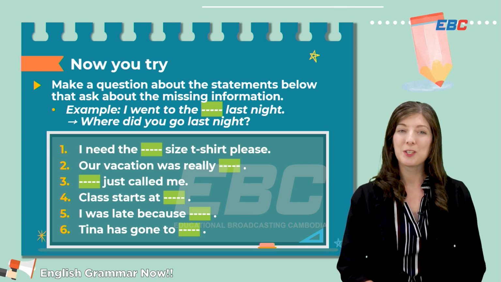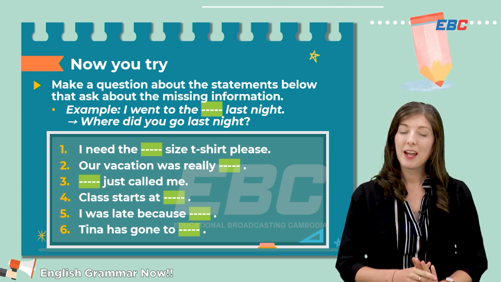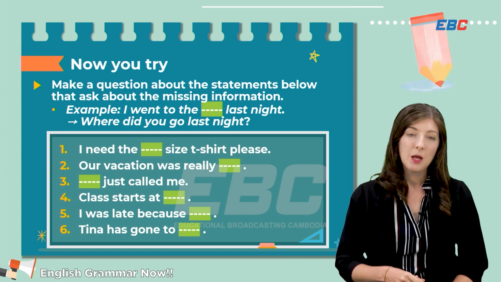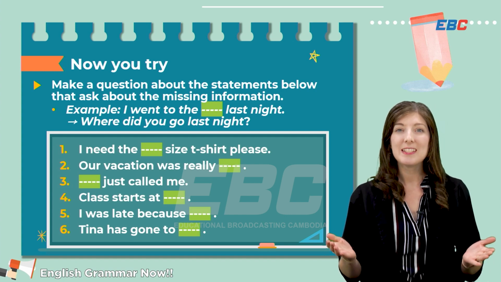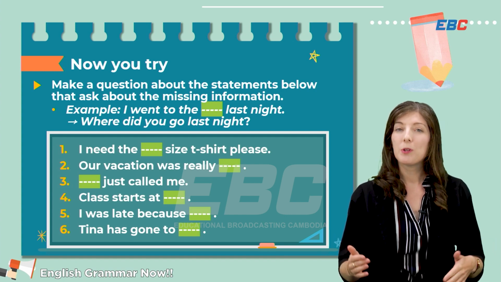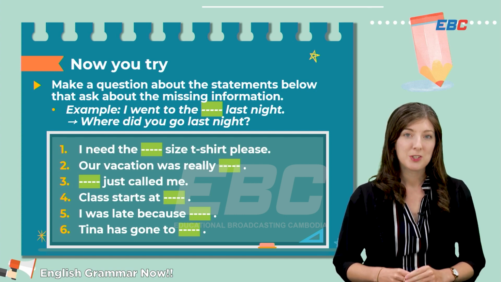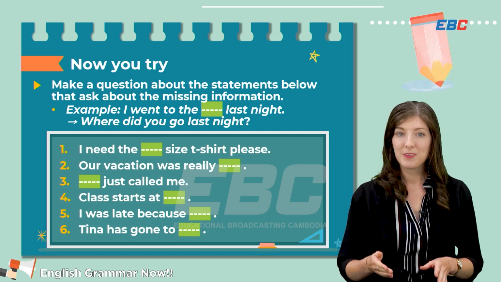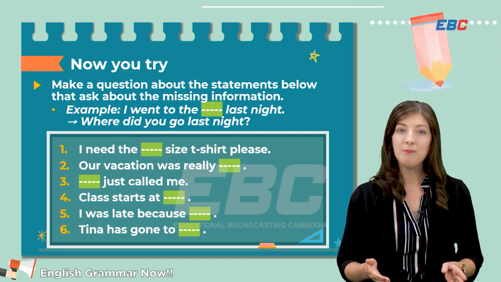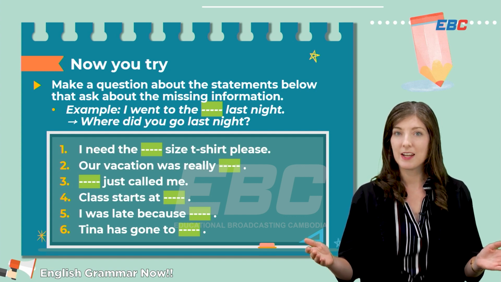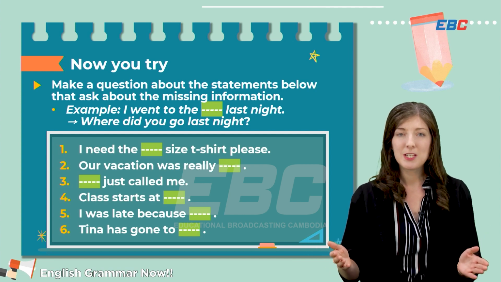Here's something else for you to try. Here we have 6 statements, but some of the information is missing. So you can make a question to ask about the missing information. For example, if the statement was, I went to the blank last night, there is missing information.